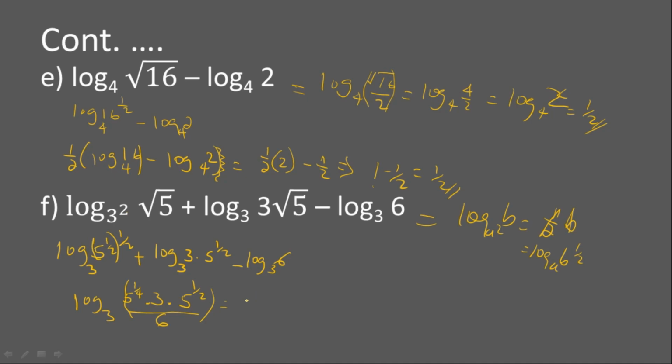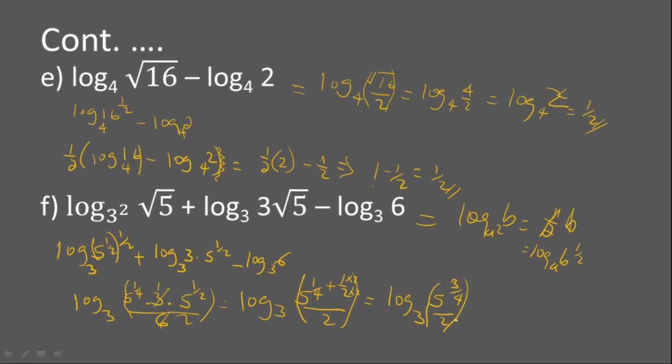So finally we can write this one as the logarithm of 5 to the power of 1 over 4 plus 1 over 2, divided by 2. These are the exponents, to the base 3. This means we multiply by 2 in order to add. 2 plus 1 is 3, so 5 to the power of 3 over 4, over 2 to the base 3.